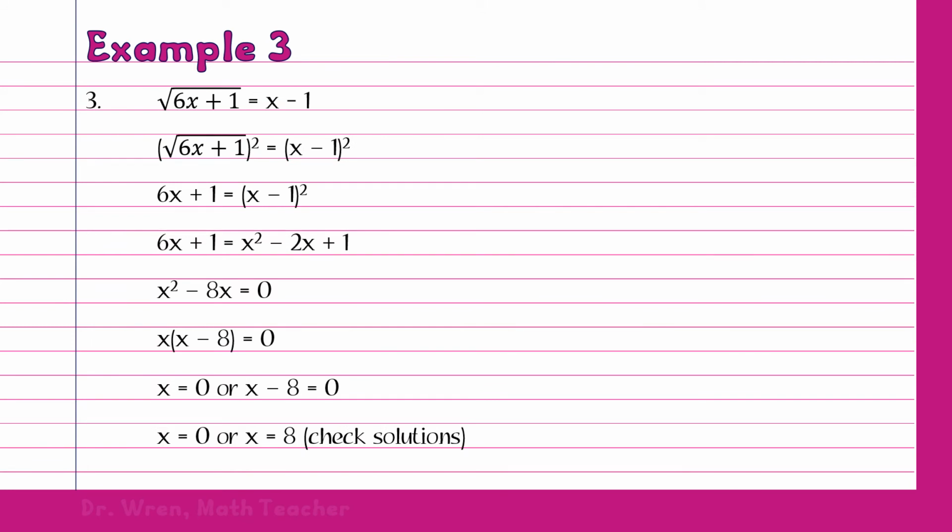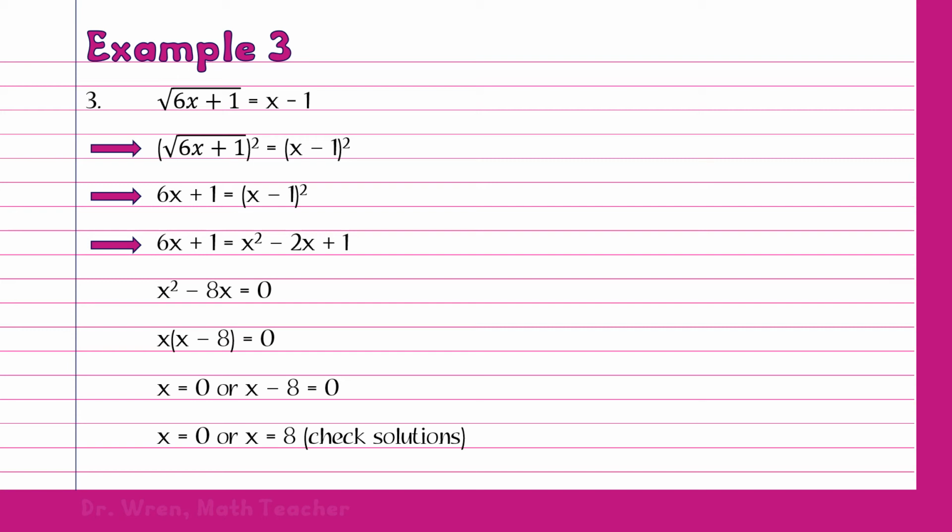Let's look at the square root of 6x plus 1 equals x minus 1. Squaring both sides of the equation results in 6x plus 1 equals x minus 1 squared. When we multiply and simplify the right side of the equal sign, we are left with 6x plus 1 equals x squared minus 2x plus 1. Next, combine like terms and set the expression equal to 0.